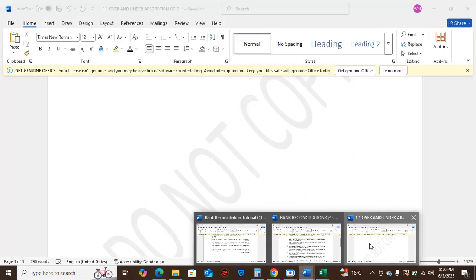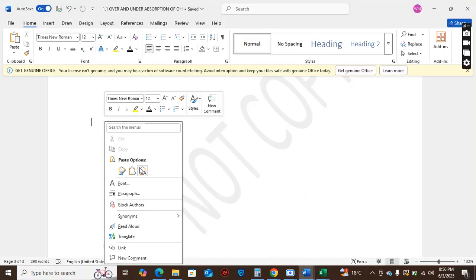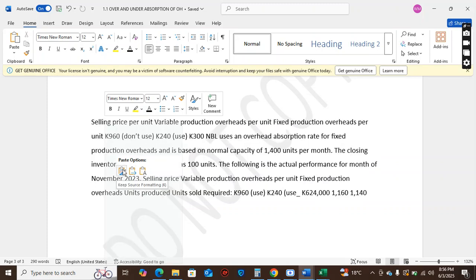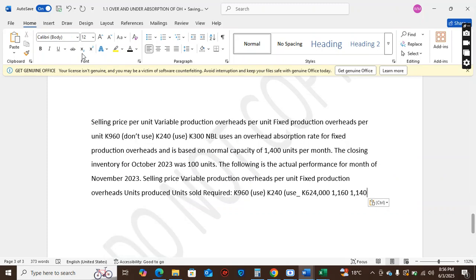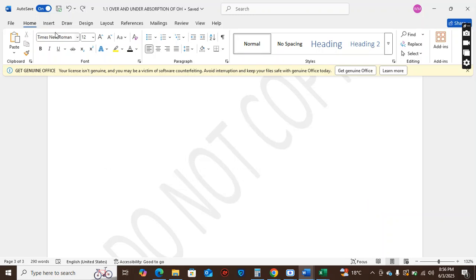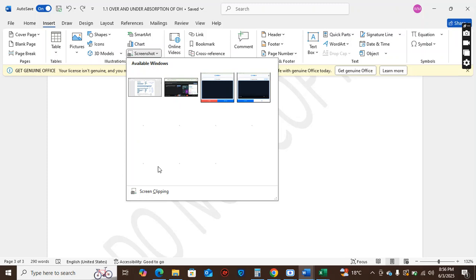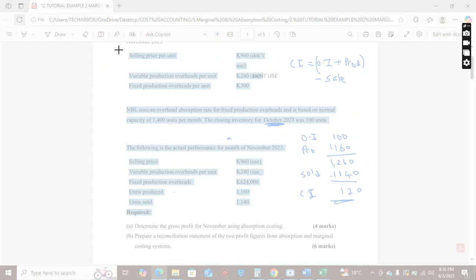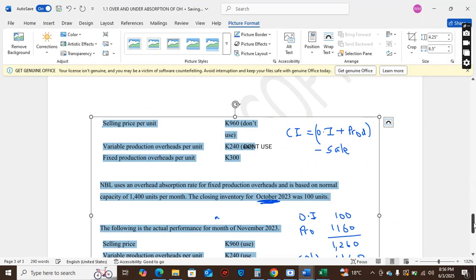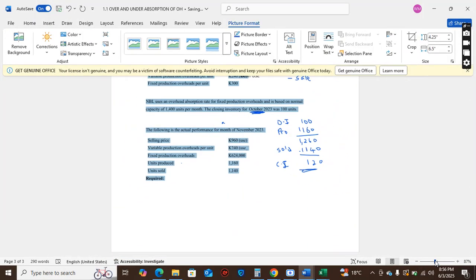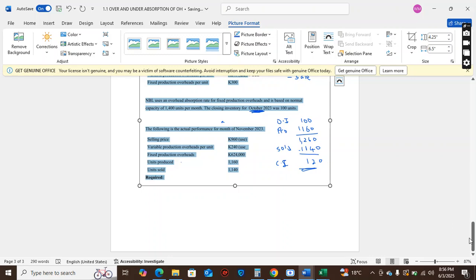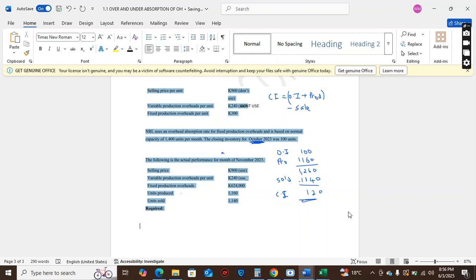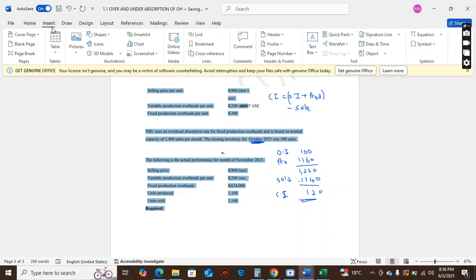We'll come here and make our profit statement. These profit statements are similar to the trading account profit statement. First thing, we'll insert a table here.